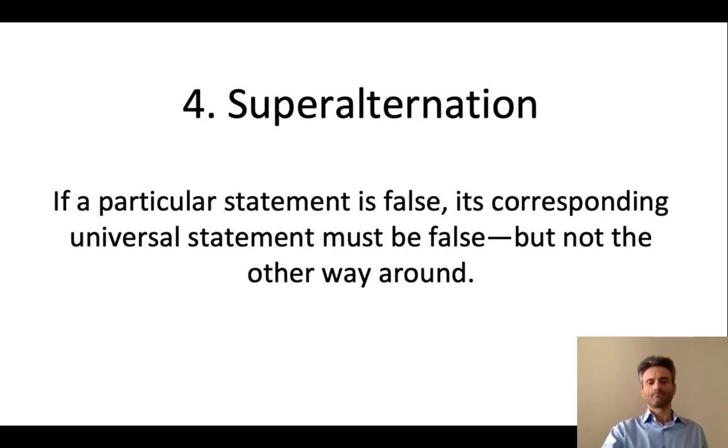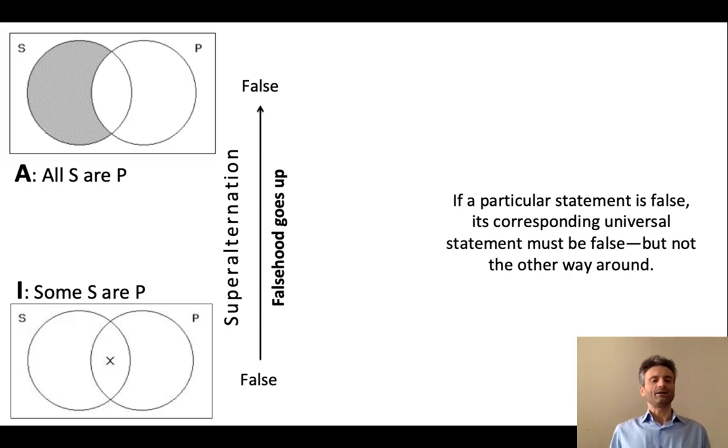So if I is false, by superalternation, by this relationship, the falsehood carries upward to the A proposition. For example, if it's false that some bananas are yellow, then it must be false that all bananas are yellow.